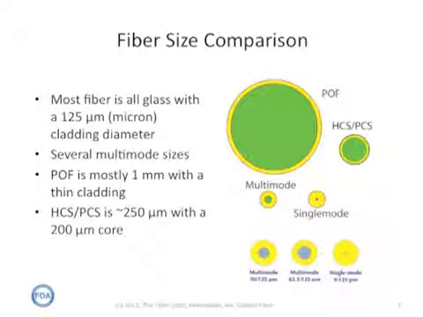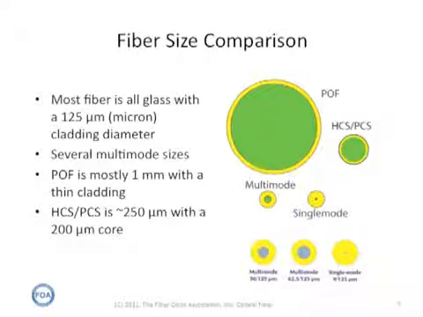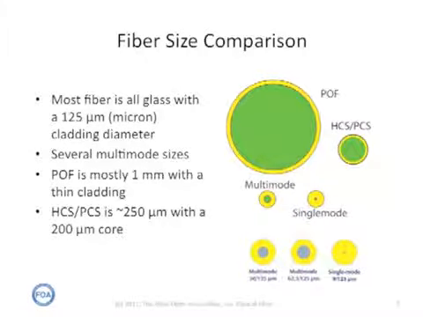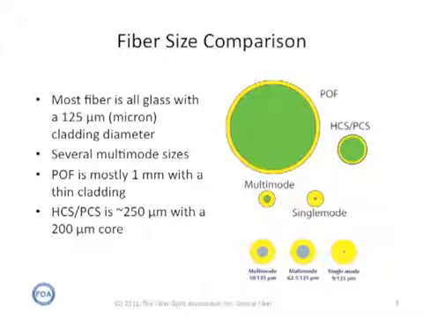Plastic optical fiber is a very large fiber, about a millimeter in diameter with a very thin cladding, and HCS-PCS fiber has a glass core and a plastic cladding with a core of about 200 microns and a cladding of about 250.